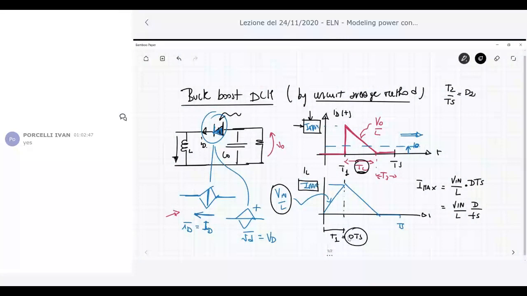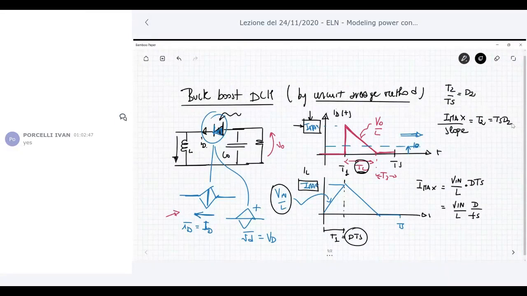So how can you find the time interval T2? Simply, you have to consider that if you have the maximum current, and you divide by the slope of this current, then you can find out the T2 interval. Okay, so Ts multiplied by D2.